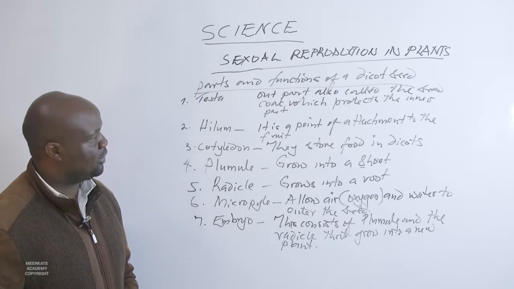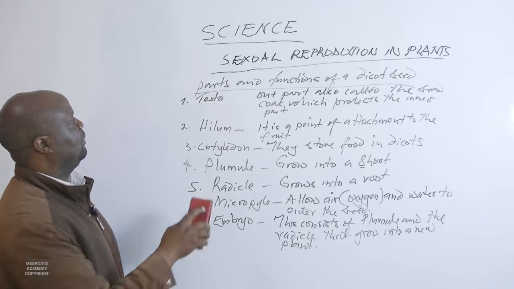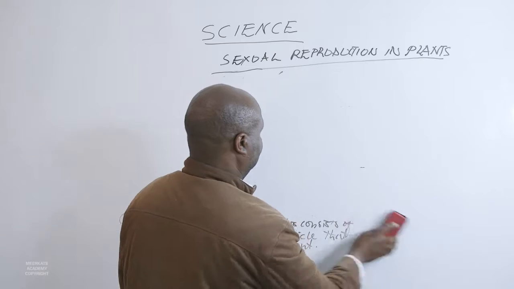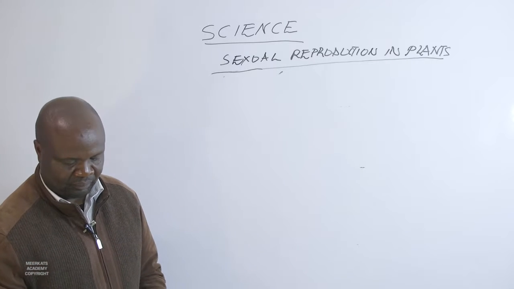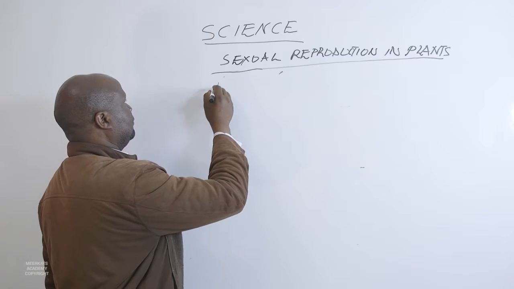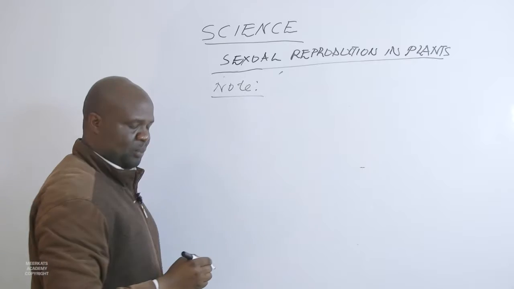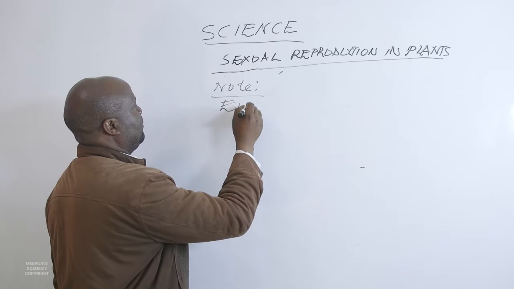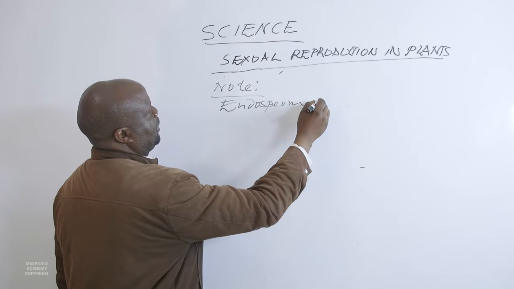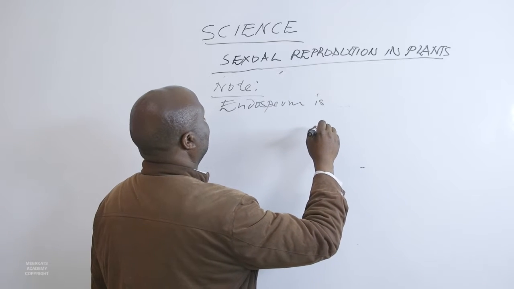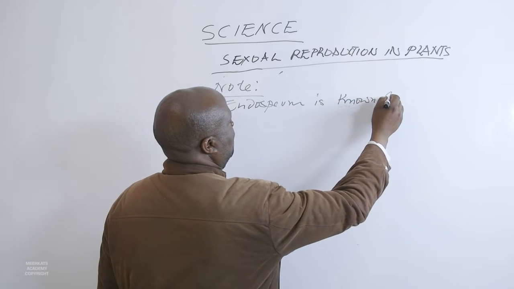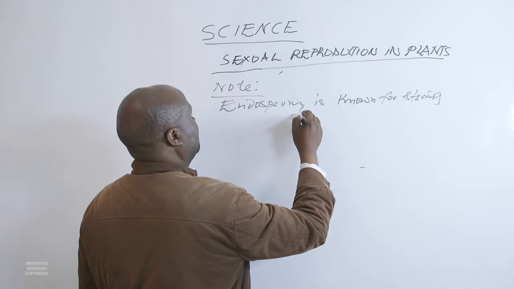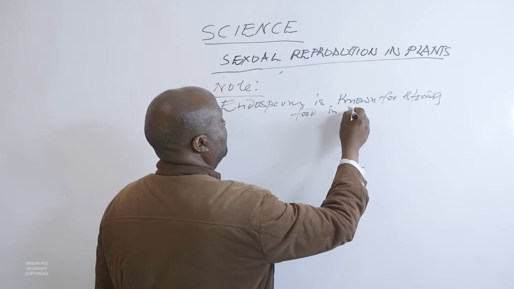An important point to note when we are talking about these functions is that the endosperm is known for storing food in monocot seeds.